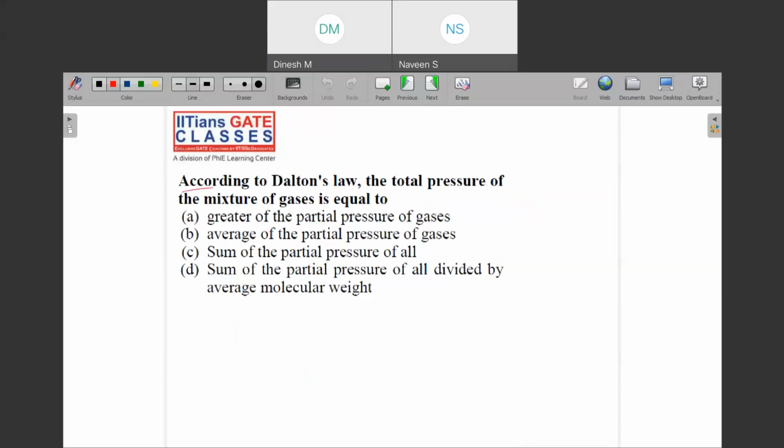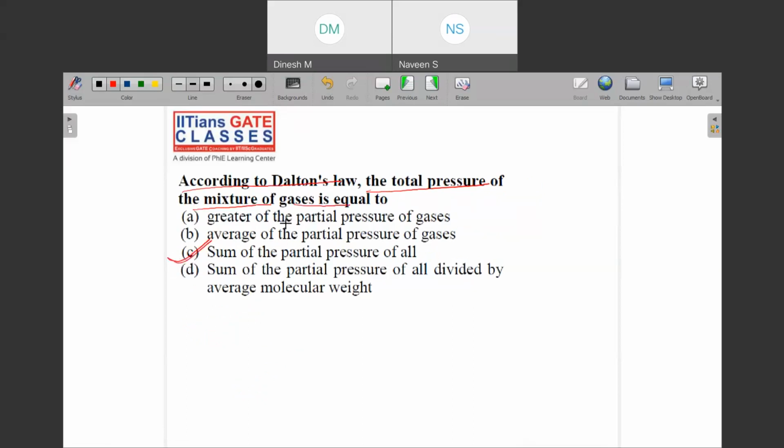According to Dalton's law, the total pressure of the mixture of gases is equal to the sum of the partial pressures of all. Just now we have seen Dalton's law. So what does it say? Yeah, sum of the partial pressures of all.